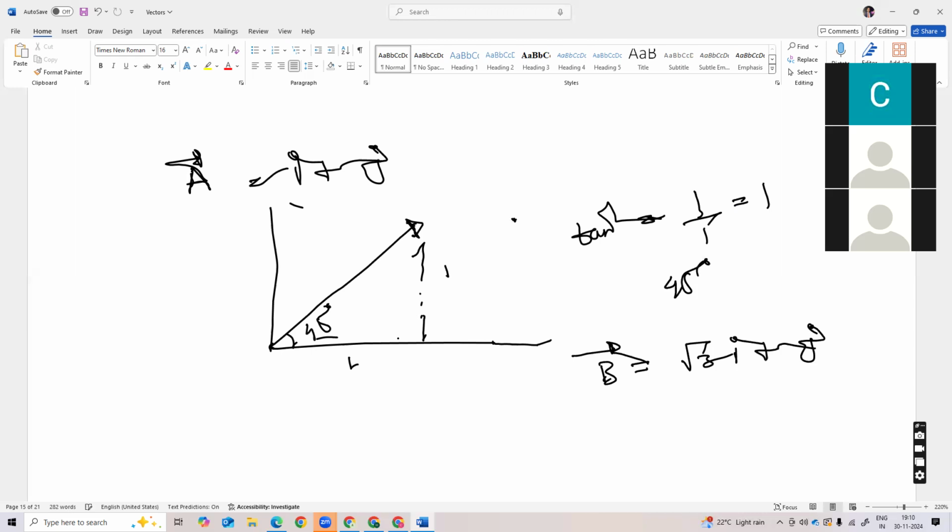So let's say this is your vector B. The angle of this vector basically will be tan inverse of 1 by root 3, and tan inverse of 1 by root 3 is 30 degrees.